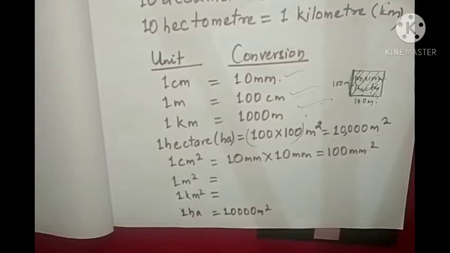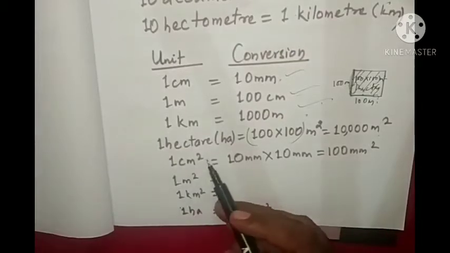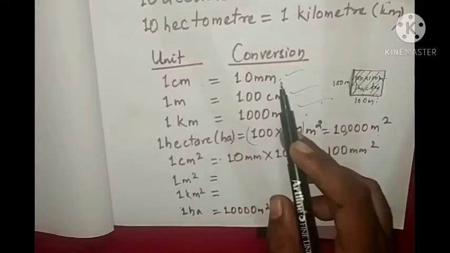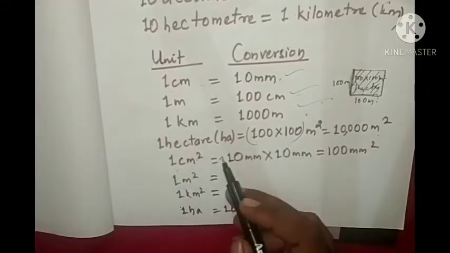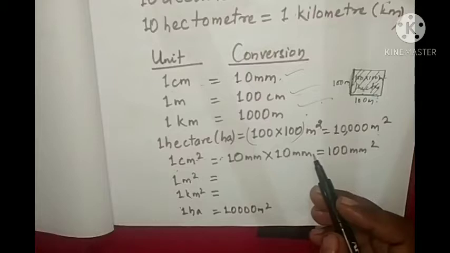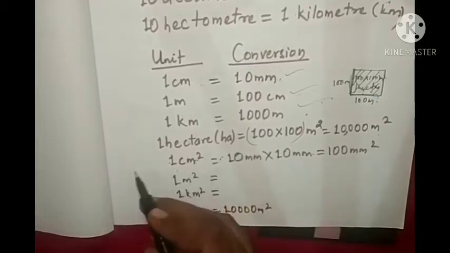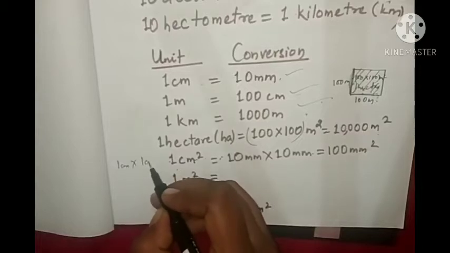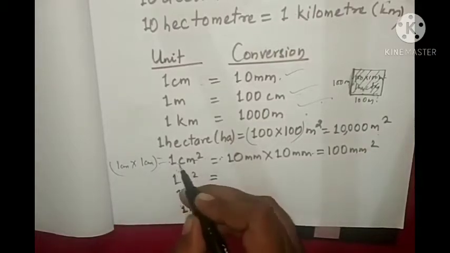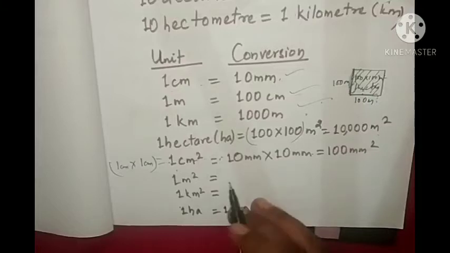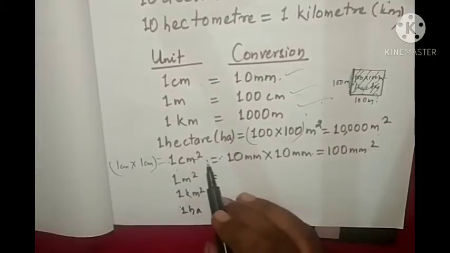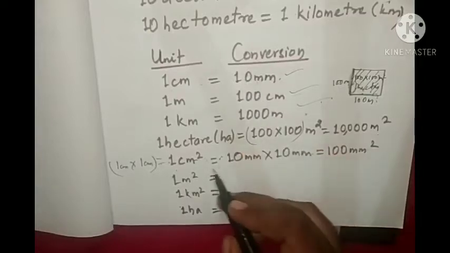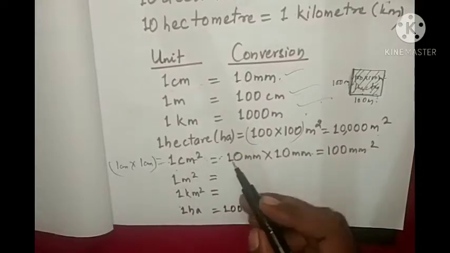Then next you see 1 square centimeter. 1 centimeter equal to 10 millimeter. So 1 square centimeter means 1 centimeter into 1 centimeter, which equals 10 millimeter into 10 millimeter.